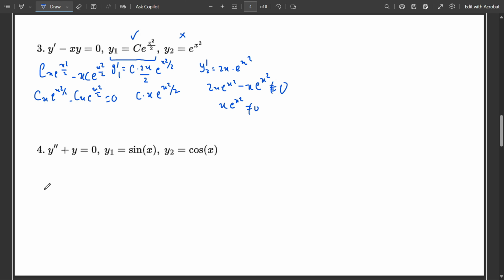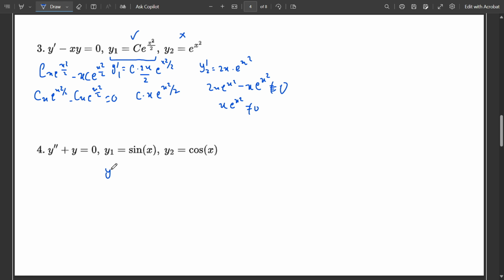Next we have y double prime plus y equals 0. And this is the proposed solution: y equals sine x and y equals cosine x. The highest derivative is y double prime, so we need the second derivative.